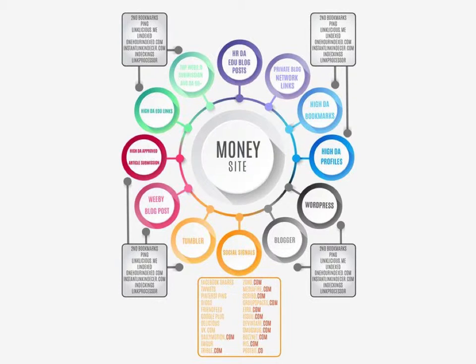All right, same way high DA bookmarks. It means high domain authority bookmarks, like websites like dig.com. If a visitor bookmarks your website there, that means it is showing Google that your website has some relevant content which is worth sharing.